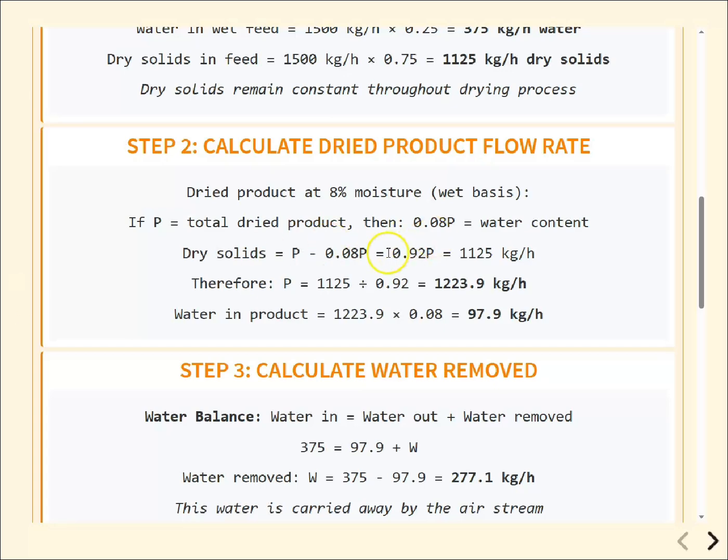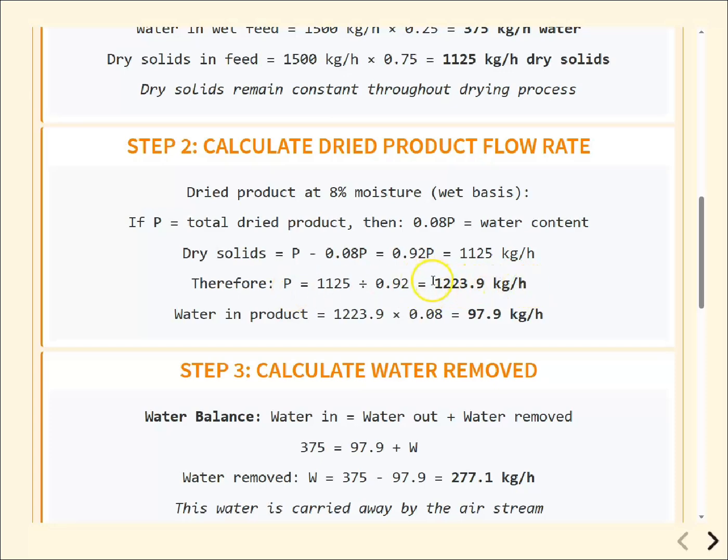So from here we can write that 0.92 P is equal to 1125. From here we can easily calculate P. So P is 1125 divided by 0.92, that is 1223.9 kg per hour.